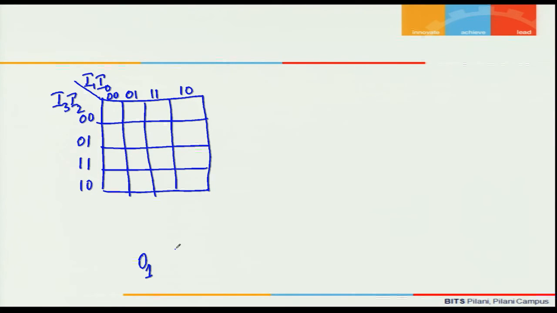If we fill that in this map, whenever I2 is 1 irrespective of I1, I0, or if I3 is 1 irrespective of I2, I1, I0, the ones get filled as per this. We could now make two groups.